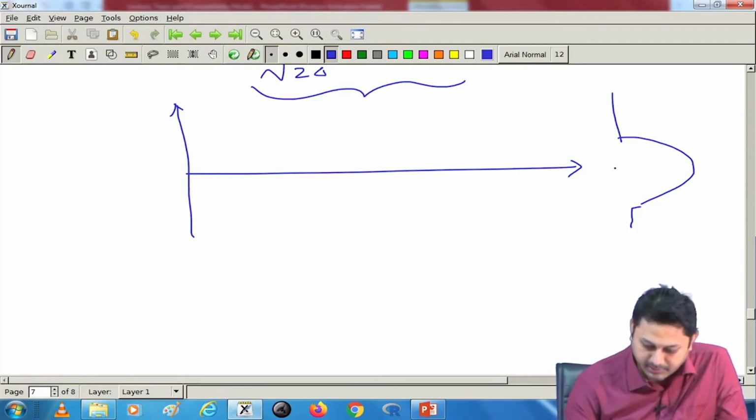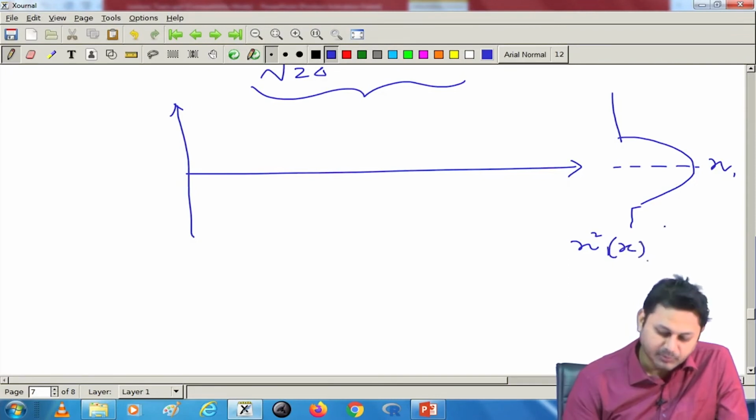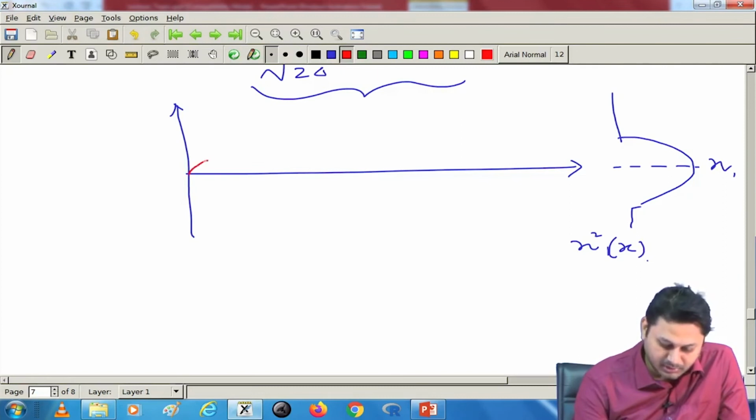And here at this point I have n 1. So, this is an n 1 square x profile, parabolic profile, and the path the ray will follow is this.